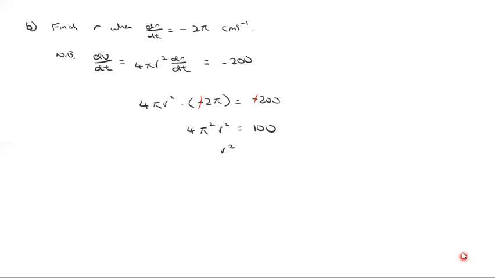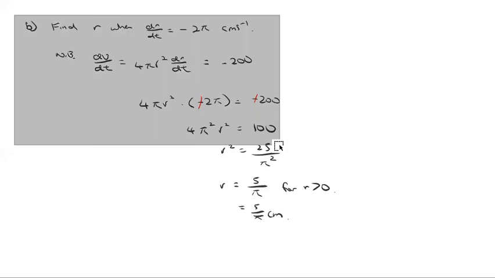So r squared must equal 25 over pi squared, and that means r must equal 5 over pi for r being positive, because you can't have a negative radius. So therefore your answer is 5 over pi centimeters. Is that clear?